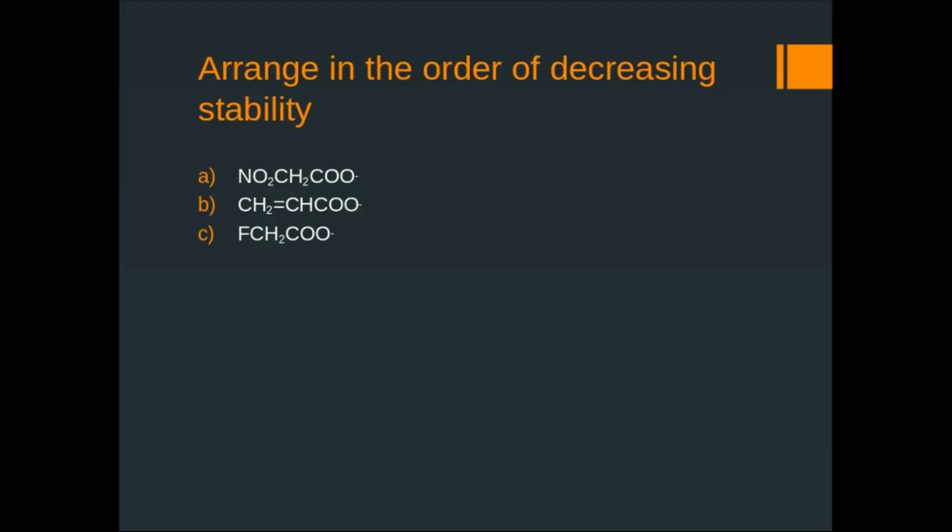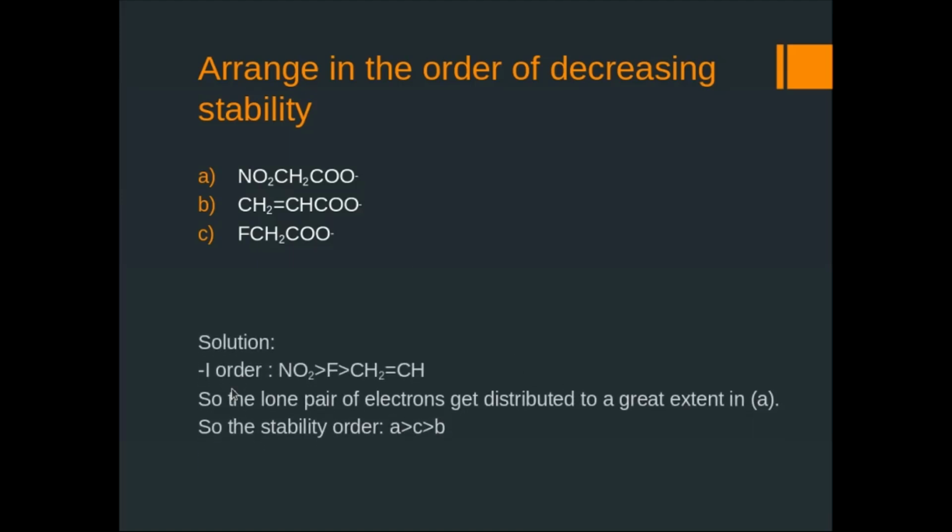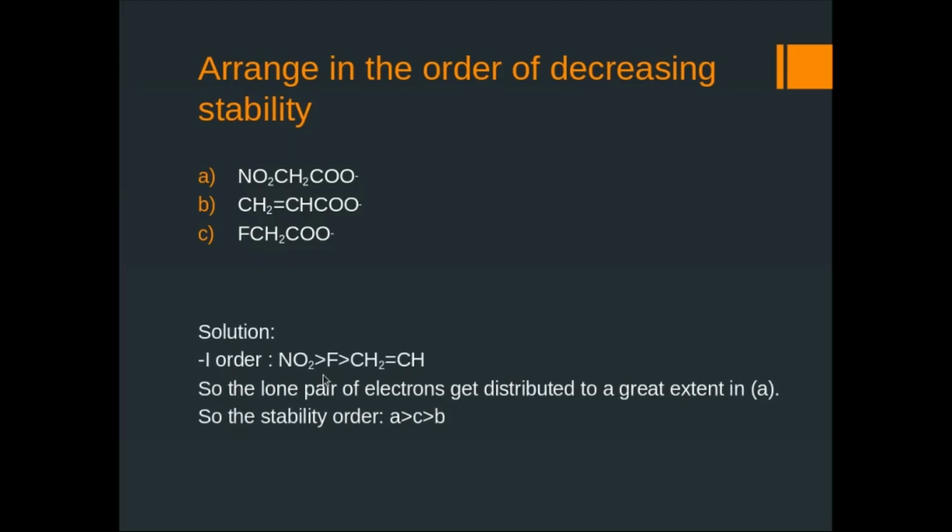Okay, I hope everyone has done. So now we are seeing the answer. Those who have got it correct, I think this is the minus I order. First of all, I will tell the reason why NO2 is coming first, though fluorine is the most electronegative element.